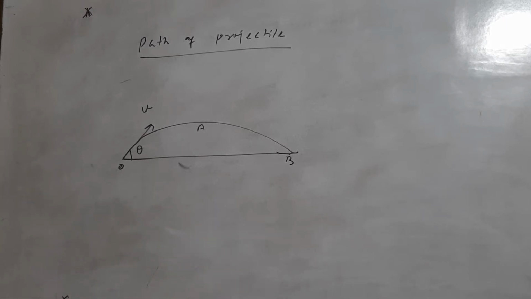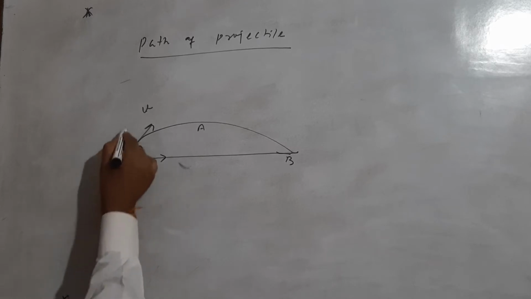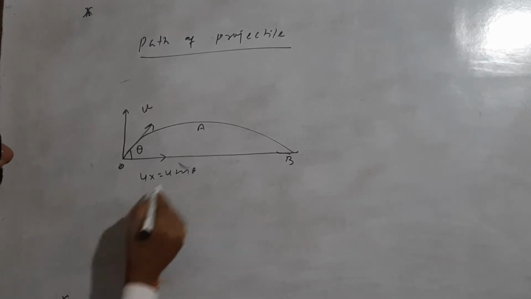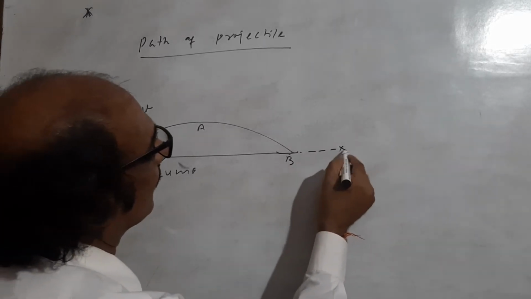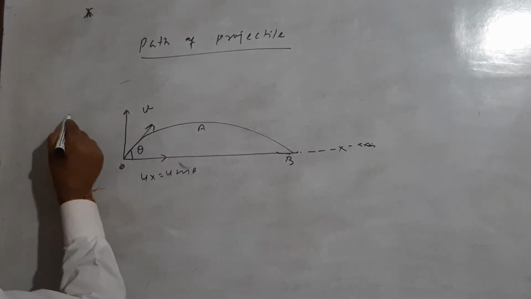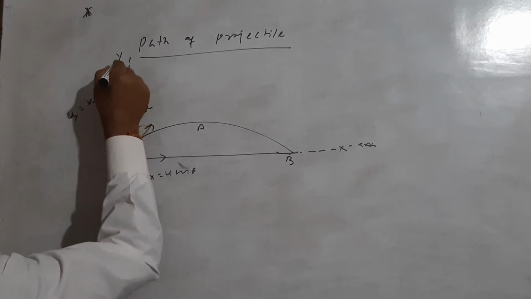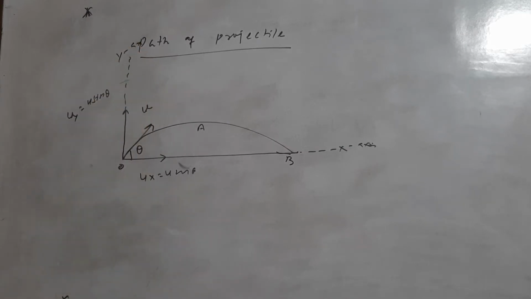It is already discussed that the projectile is an example of motion in a plane, or two-dimensional motion. So the velocity of the projectile is resolved into two rectangular components: first, ux equal to u cos theta along the x-axis, and uy equal to u sin theta along the y-axis.